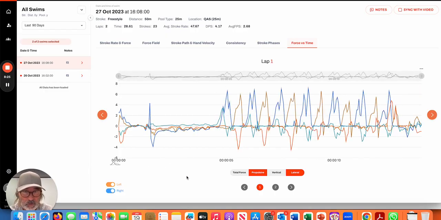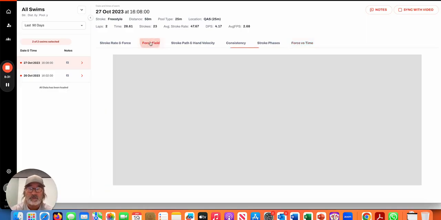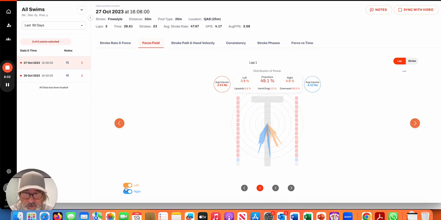That's clear. Now, what we should do is look at his downward force, because remember, if we go back to the force field, it's his downward force in his left hand. Sorry, his right hand is 22, which is why he's been able to be over 64, almost 65% propulsive. But when we go to his left, his propulsion drops right down to 33 because he's generating almost 60% on his left hand in pushing down.